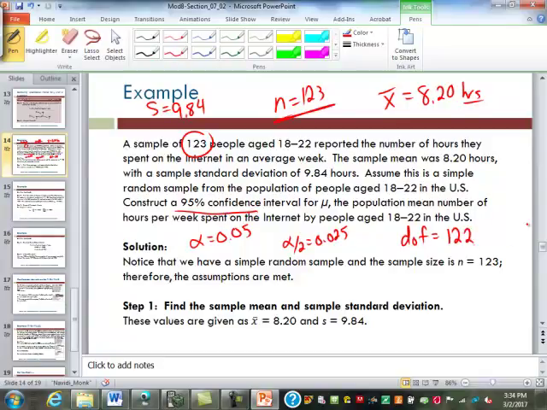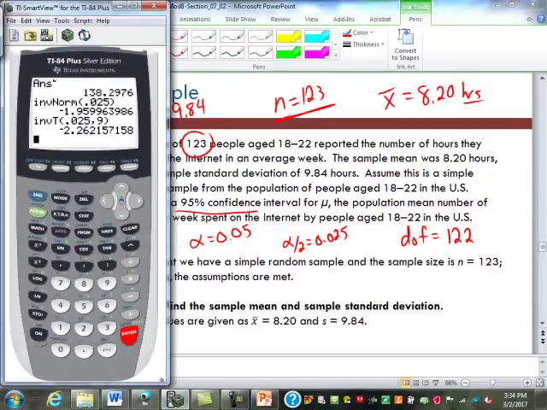Now this example, they're probably going to use the table, so they're going to get a slightly different critical value. But I'm going to calculate on the calculator here. Second distribution, inverse t, 0.025, or I could have done 0.975, which would have been the upper end and would give me the positive value, comma, 122 degrees of freedom. That's the 123 minus 1.